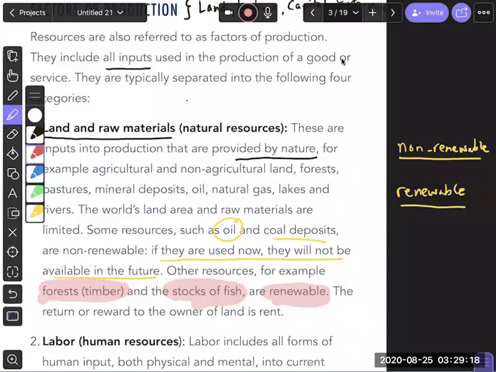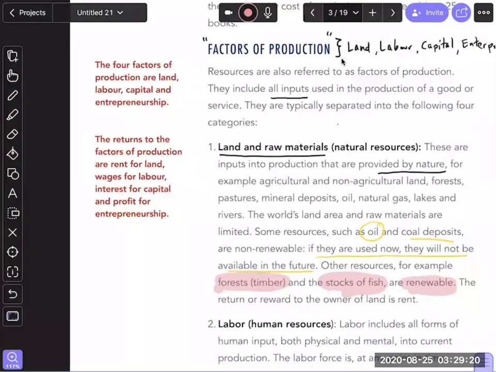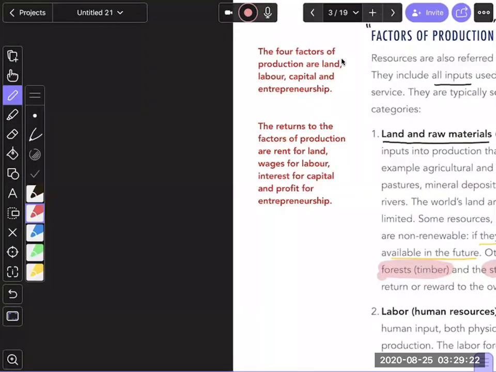Now, whenever somebody is the owner of land, and that's an important point to understand, let's look at it from the lens of opportunity cost. If you are the owner of a land, there is an opportunity cost.